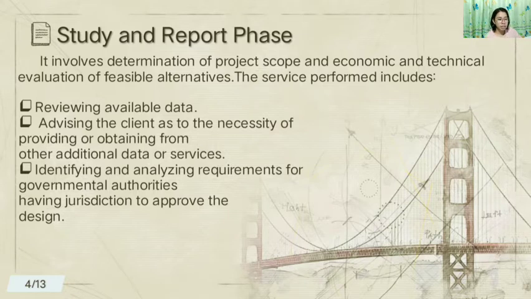Next is identifying and analyzing requirements of governmental authorities having jurisdiction to approve the design. So this is more on the legalities, consulting and asking for approval of the assigned authorities.